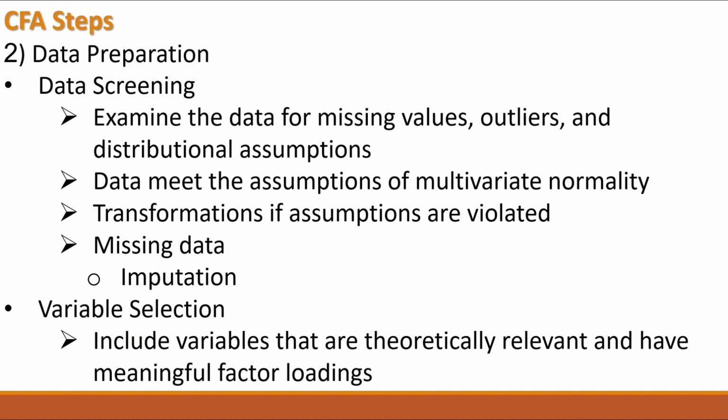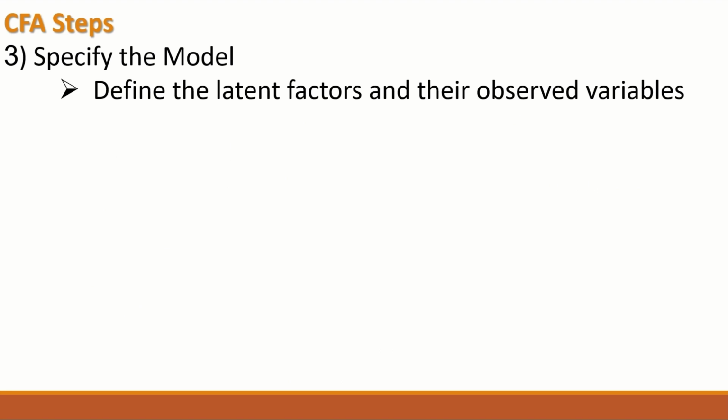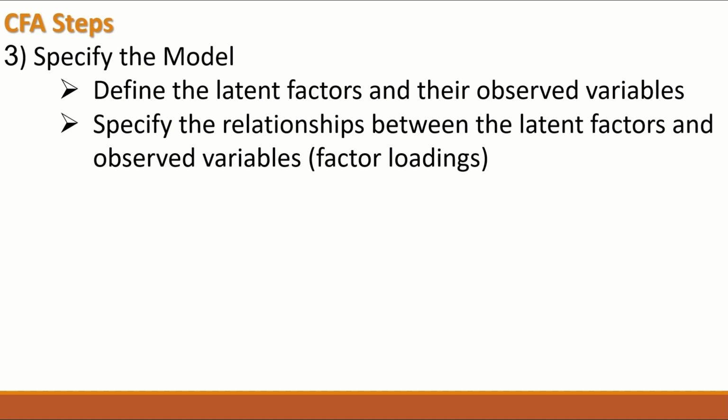Variable selection: include the variables that are theoretically relevant and have a meaningful factor loading. So only include items that measure or load to a specific factor as determined by the exploratory factor analysis. The third step is to specify the model. Define the latent factors and their observed variables.